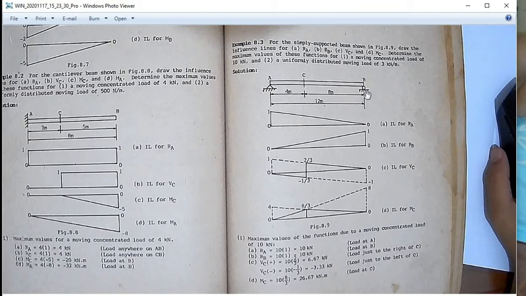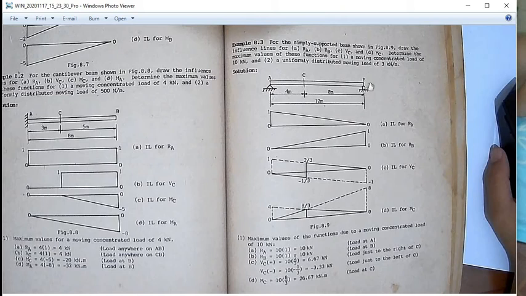So, for reaction at A, para ma-maximize mo yung reaction at A, okay, maglalagay ka ng unit load sa ibabaw niya mismo. Okay? And reaction at A becomes now positive 1. Reaction is always upwards.